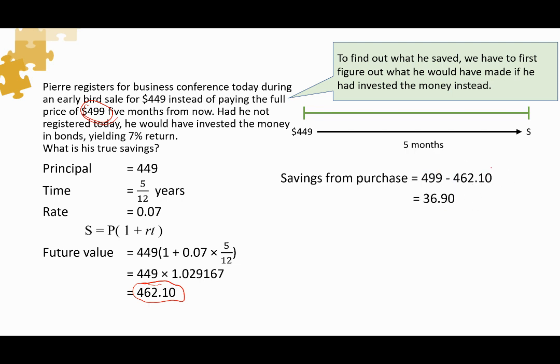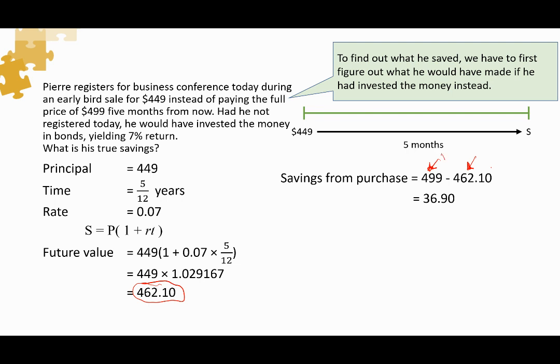So he actually saved $36.90 because the value of what he would have paid here is greater than the value of what he would have made if he had invested it.